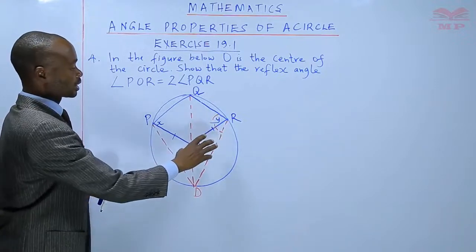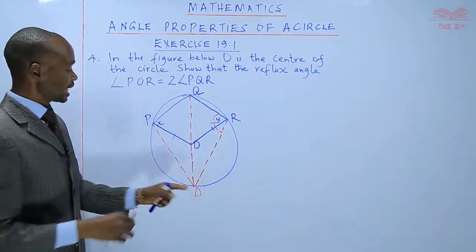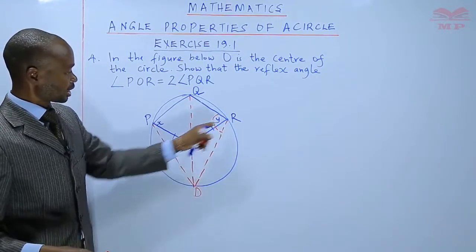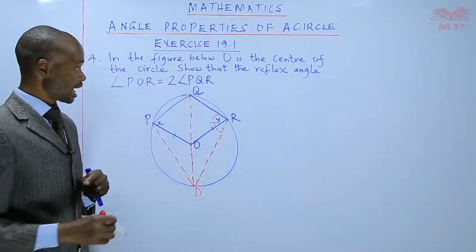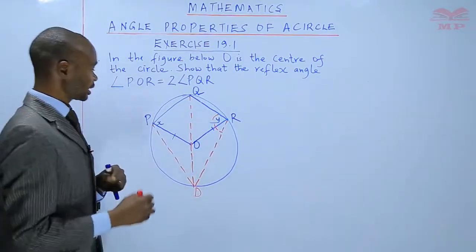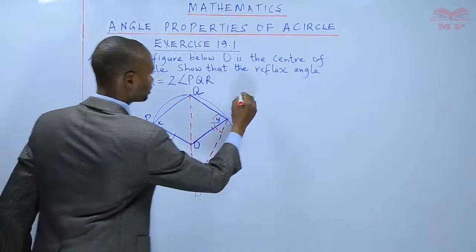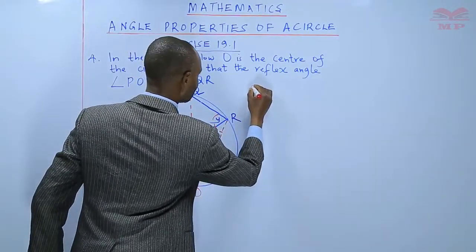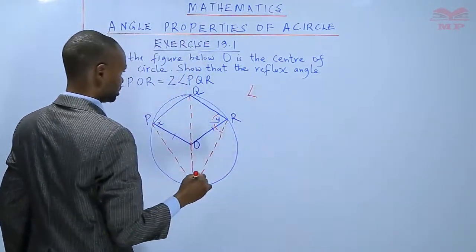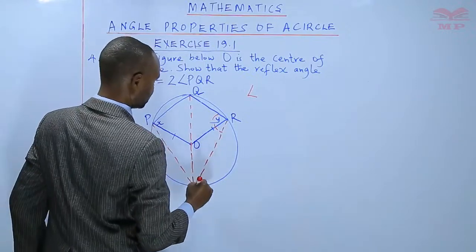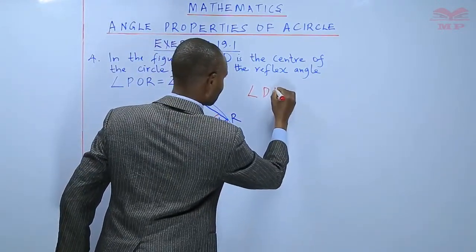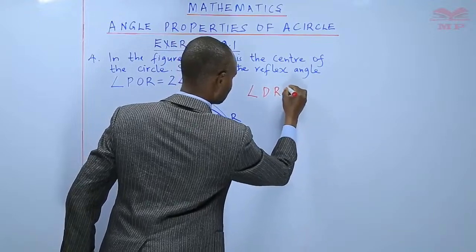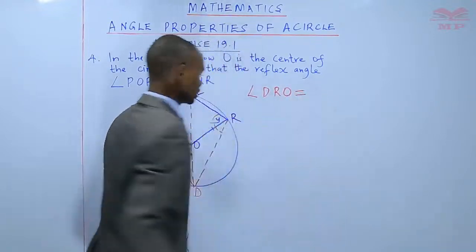But meanwhile, I'm interested in angle DRO because it is going to help me to get the reflex angle. So the first thing, I'll get angle DRO. What is it?